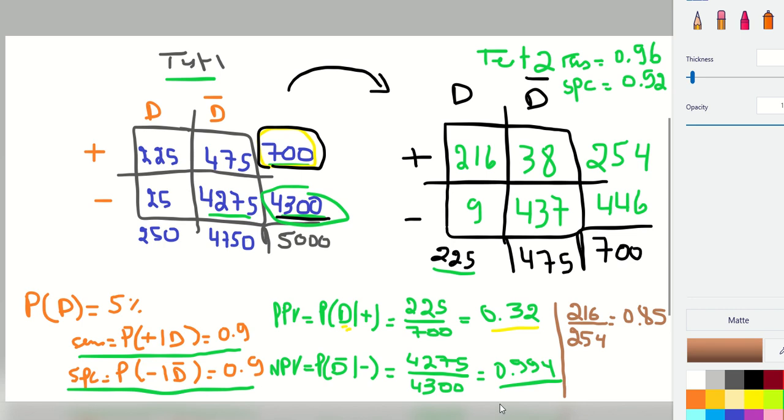For the negative predicted value, out of everybody that tested negative, the 446, of course we're now talking about the second round of testing, how many actually are healthy? That's 437, and this is 97 point, so it's about 98%, 0.98.